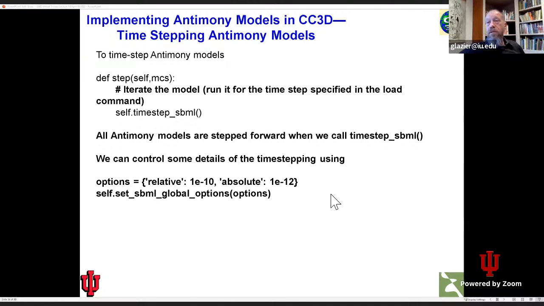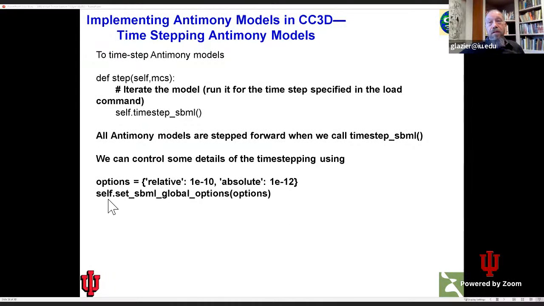There are some options for the integrators. If you use the SPML or antimony, occasionally you'll get things like CVODE errors. CVODE is the backend solver that's used. And so you can get convergence errors, and you can change the accuracy thresholds, for example, for the ODE solvers, if you want to.